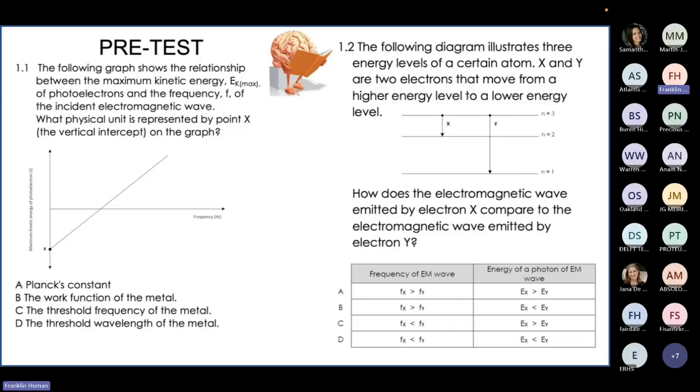1.2 relates to energy transitions of electrons. Now, remember from grade 10 physical sciences, when you do your Aufbau diagrams for different atoms, we learned that electrons are arranged in various energy levels.